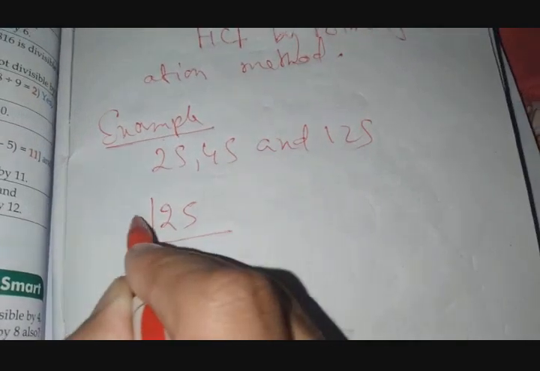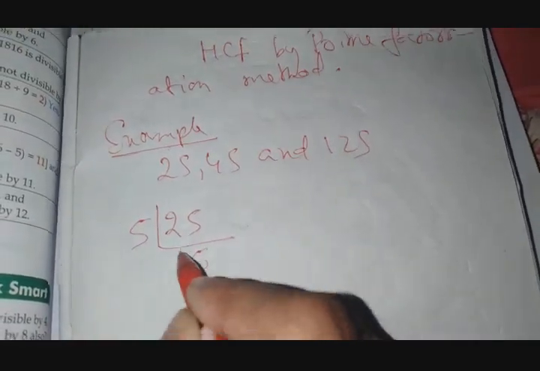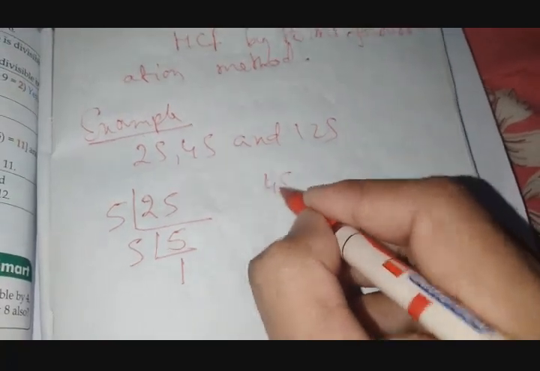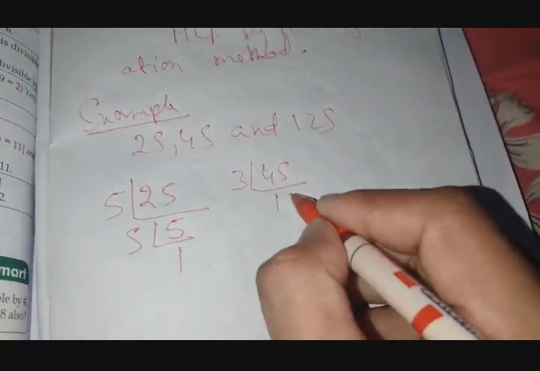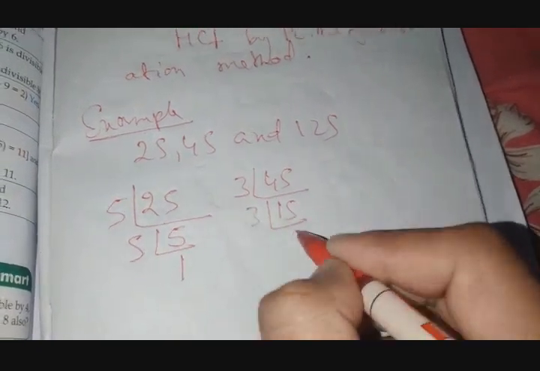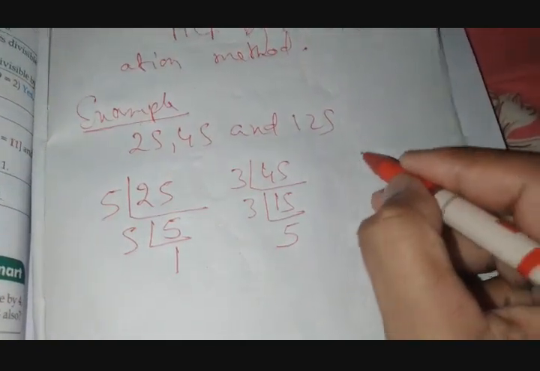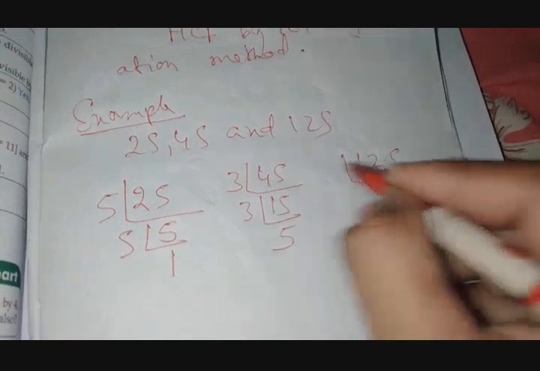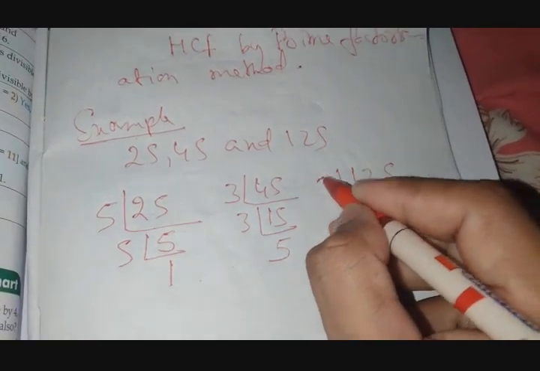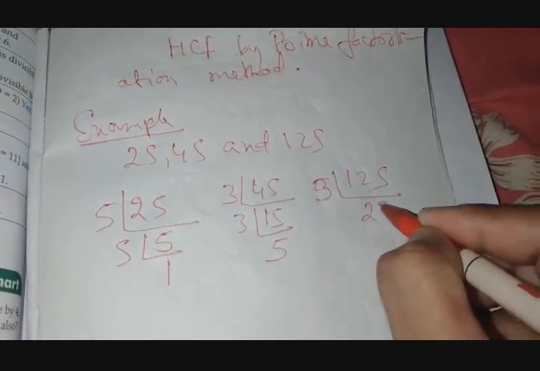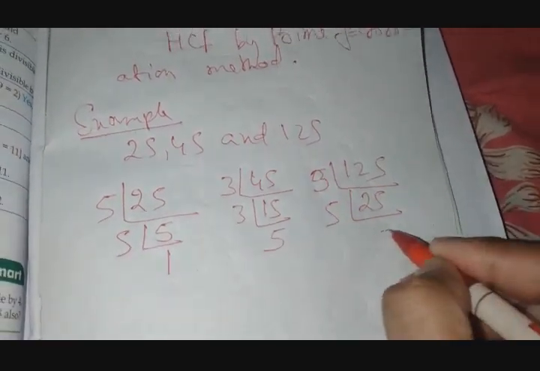First 25: 5 fives are 25, and 5 ones. Now 45: with the lowest, it is 3. 3 fifteens, then 3 fives. Then we'll do 125. It will not go with 3, so we go with 5: 25, and 5 fives.